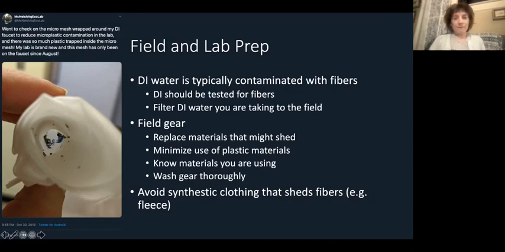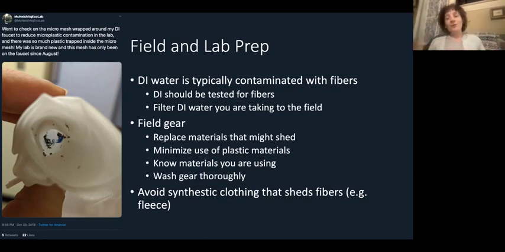So, thinking about field and lab prep, something that people often don't realize, and that we didn't realize at first too, is that DI water is very typically contaminated with fibers. Fibers are everywhere. They get in everything. An experience we had in our building, a year or two ago, was that they came in and vacuumed all the carpets in people's offices.